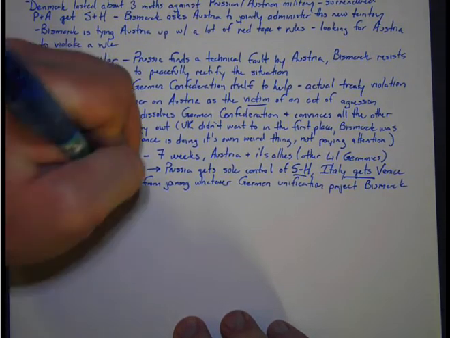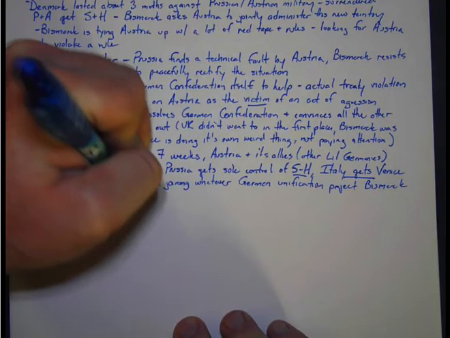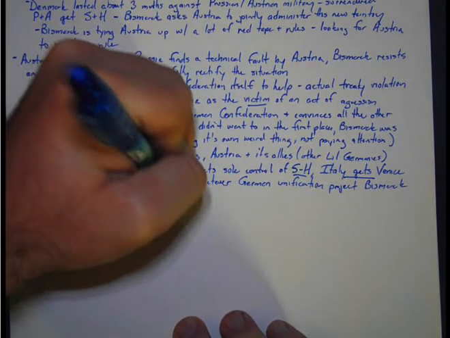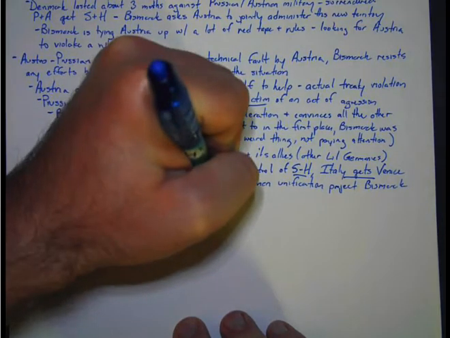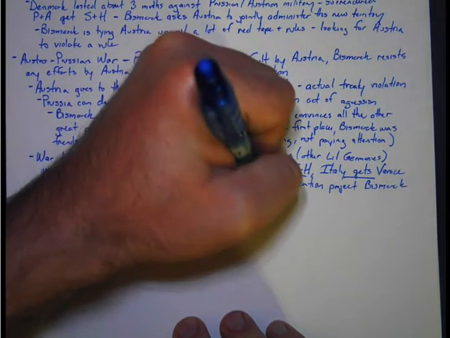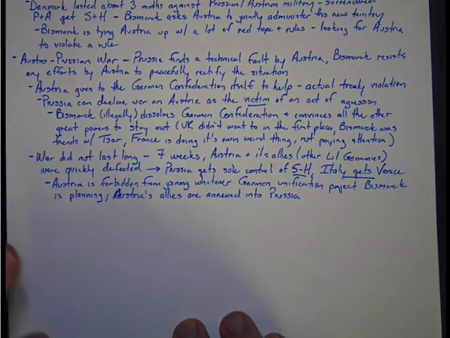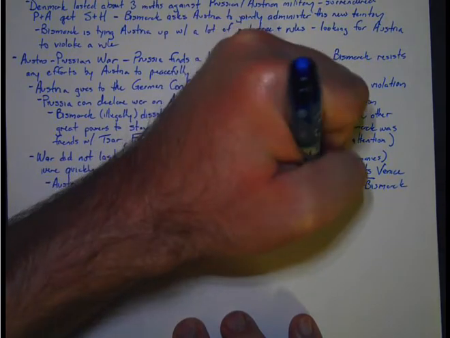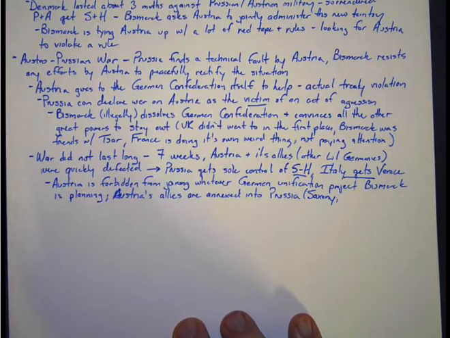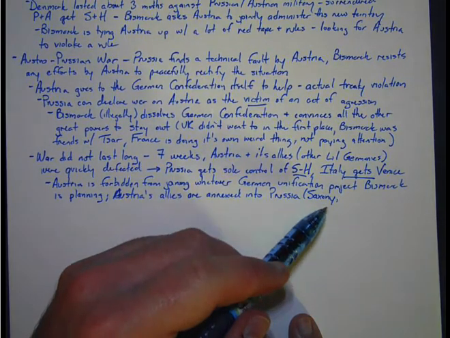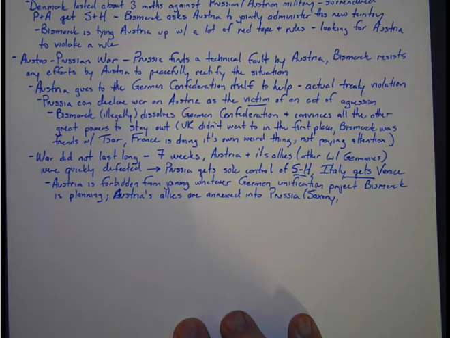And Austria's allies are annexed into Prussia. So any little Germany that was siding with Austria is now forcibly added to Prussia. And just in case you're curious, places like Saxony, which was where Martin Luther hid during the Reformation, Saxony is now made part of Prussia.